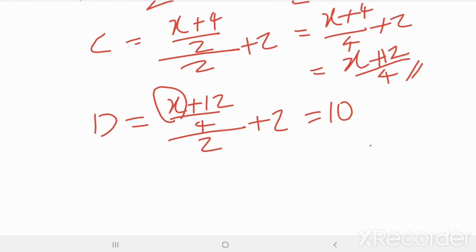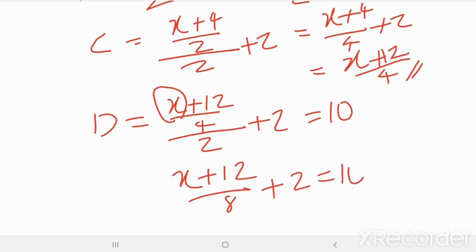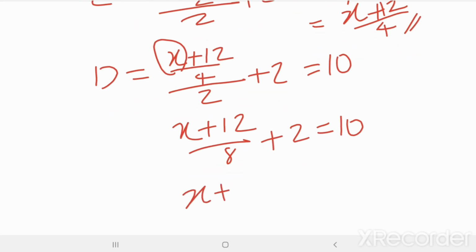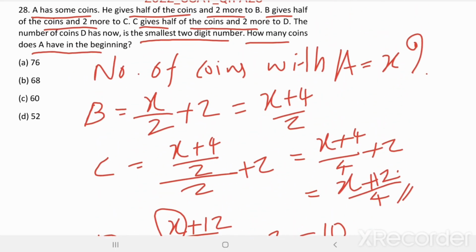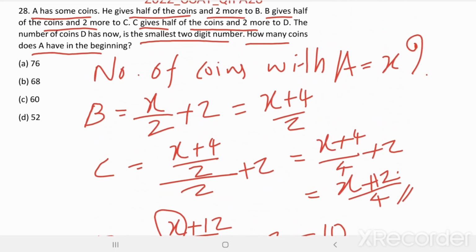So from here, (X plus 12) divided by 8 plus 2 equals 10. (X plus 12) divided by 8 equals 10 minus 2, equals 8. Then X plus 12 equals 8 into 8, equals 64. X equals 64 minus 12, equals 52. Number of coins with A in the beginning equals 52. Option D is the right answer.